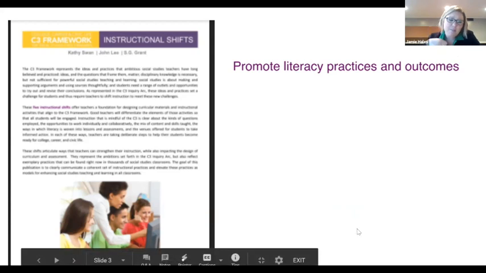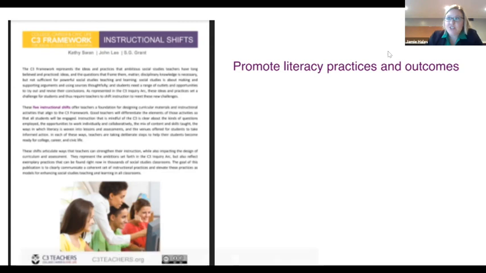Just jot them down on a piece of paper. We'll do a quick share out afterwards. Low pressure, I'm not going to call on anybody randomly, so just real low pressure. Let me go ahead and drop that link to the article in the chat just in case you can't get into the folder yet.